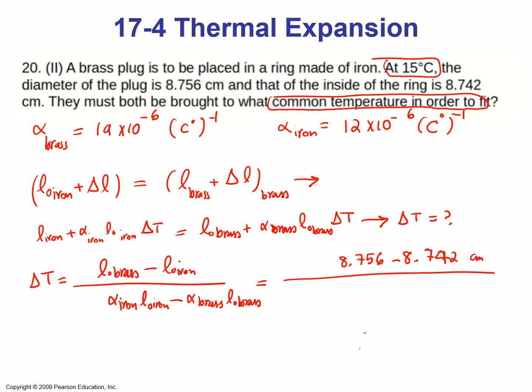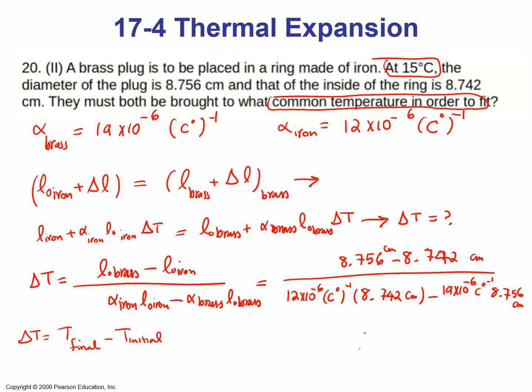These are in centimeters for iron, divided by, plug in the numbers here, 12 times 10 to the minus 6 per Celsius for iron times 8.742 centimeter, minus 19 times 10 to the minus 6 per Celsius multiplied by 8.756 centimeter, right?